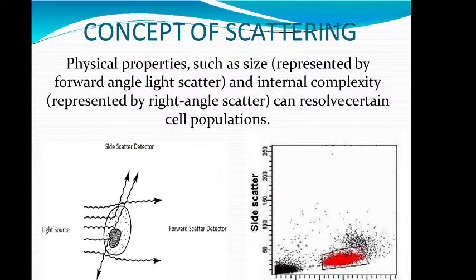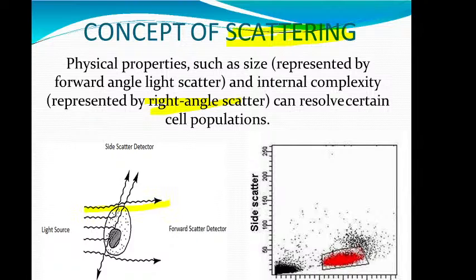Some things are there which we have to consider. There are two types of scattering in a flow cytometer. Physical properties such as size can be represented by forward scatter as well as side scatter. So we have forward scattering as well as right angle scattering.